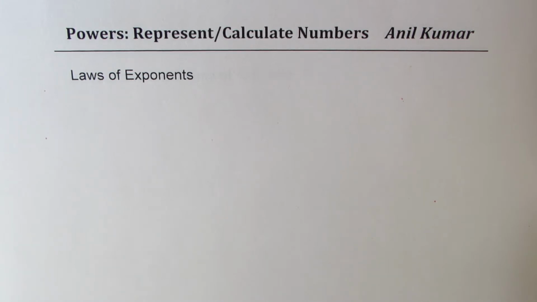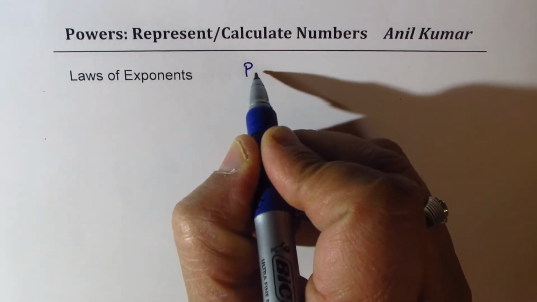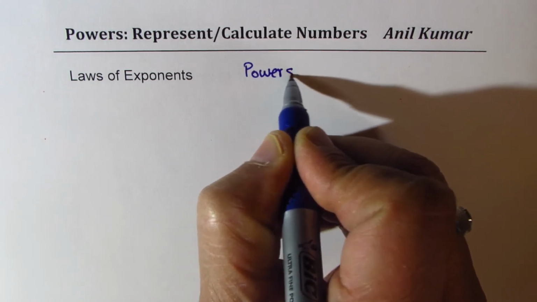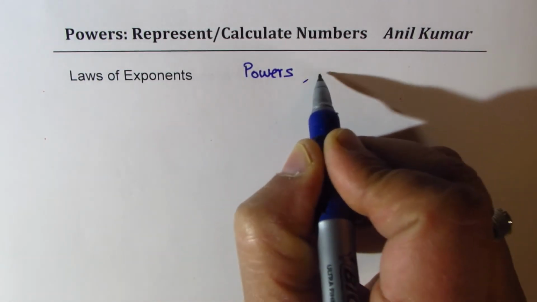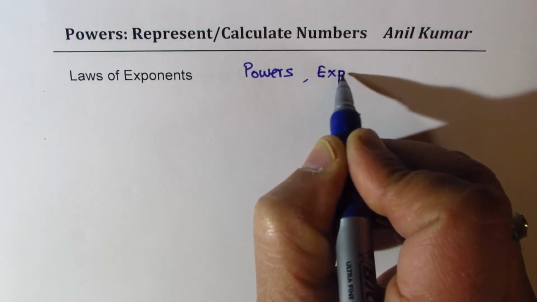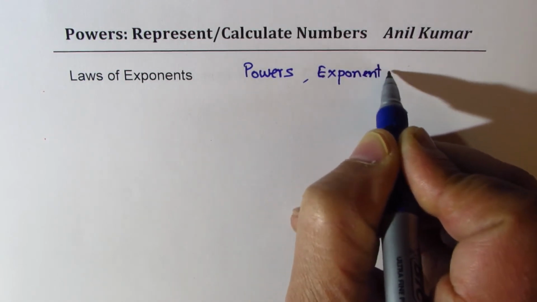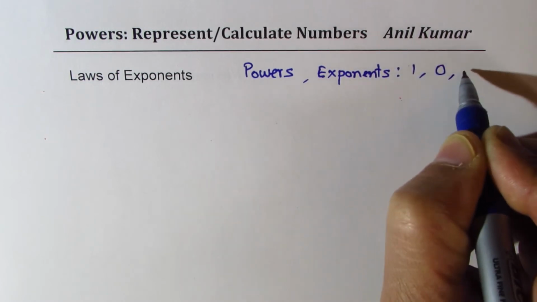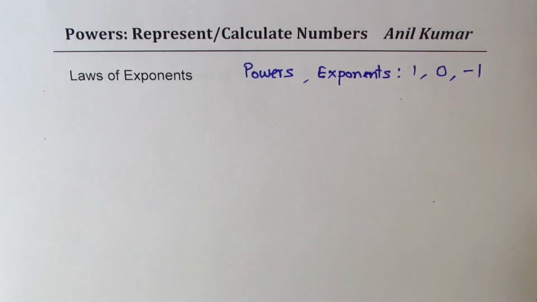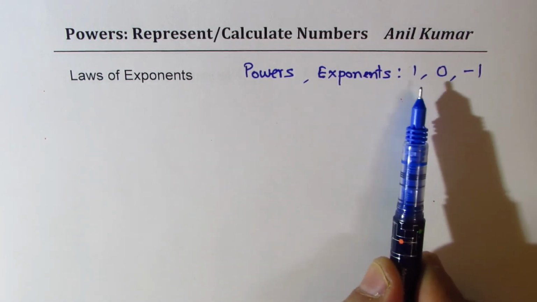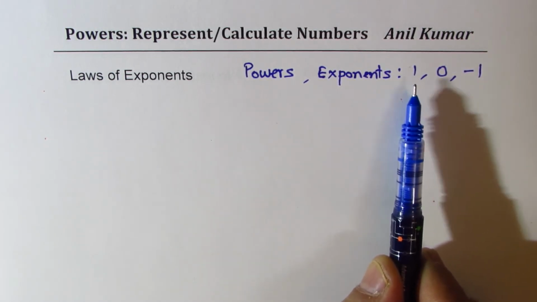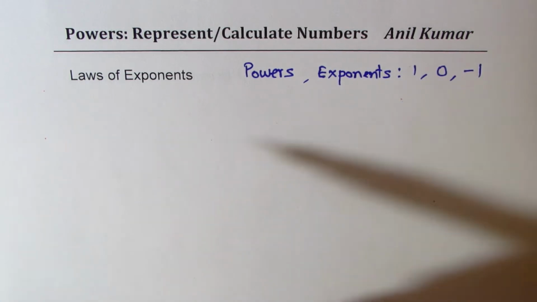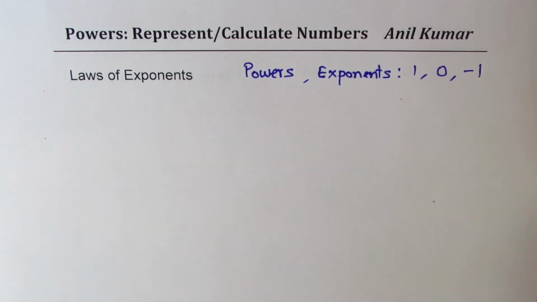And now this time we'll discuss powers when exponents are 1, 0 or -1. So that is what we are going to look into. So how can we get these exponents? Well, sometimes when we divide, for example, let me take some examples.